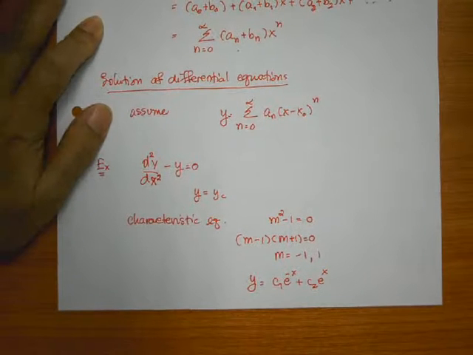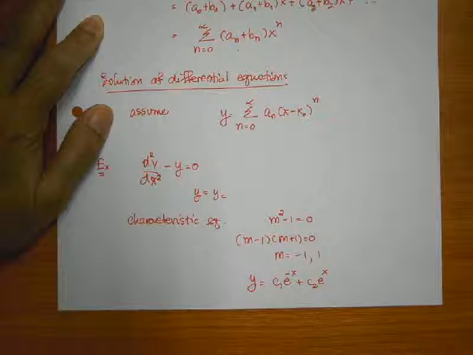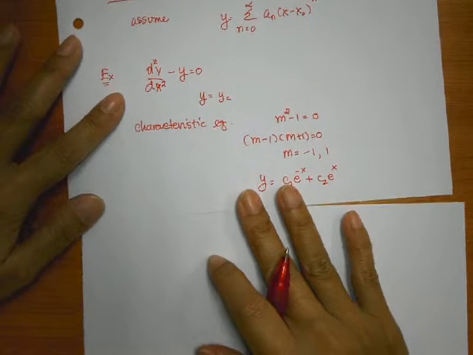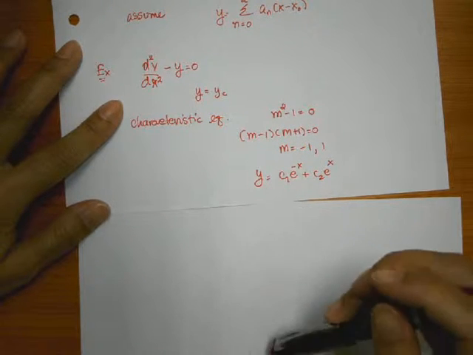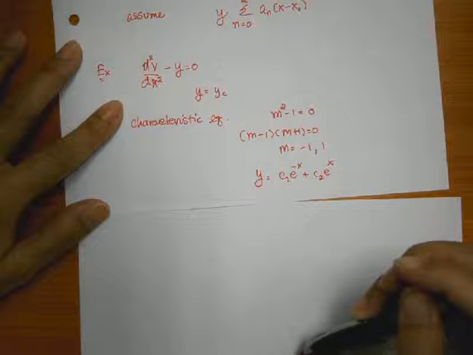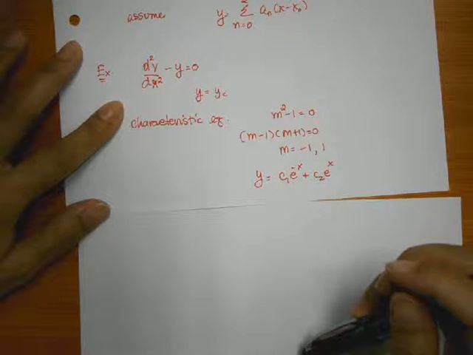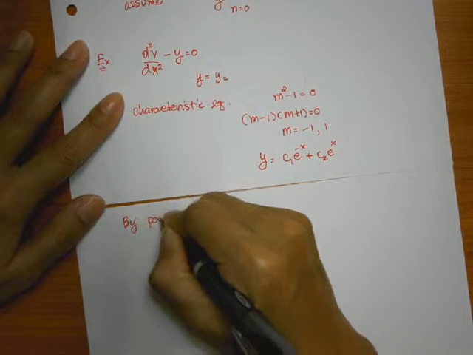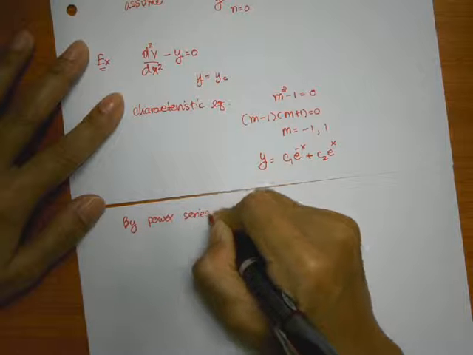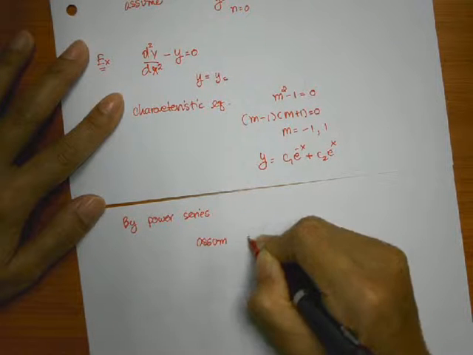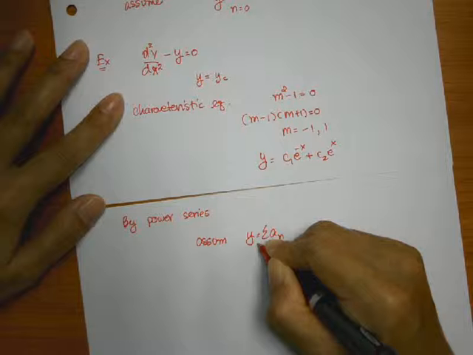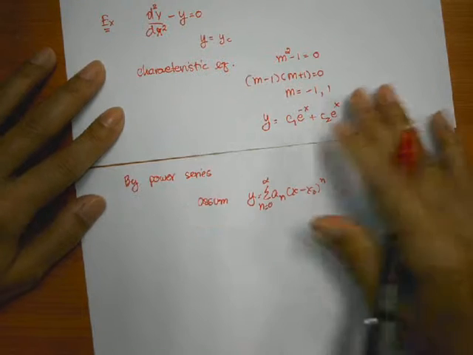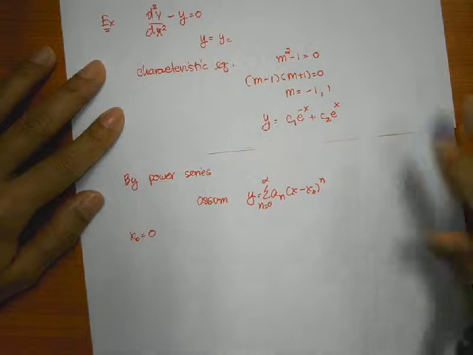Now, if we are going to use the power series, the things that we got to assume except that I'm going to find at x0 equal to 0.